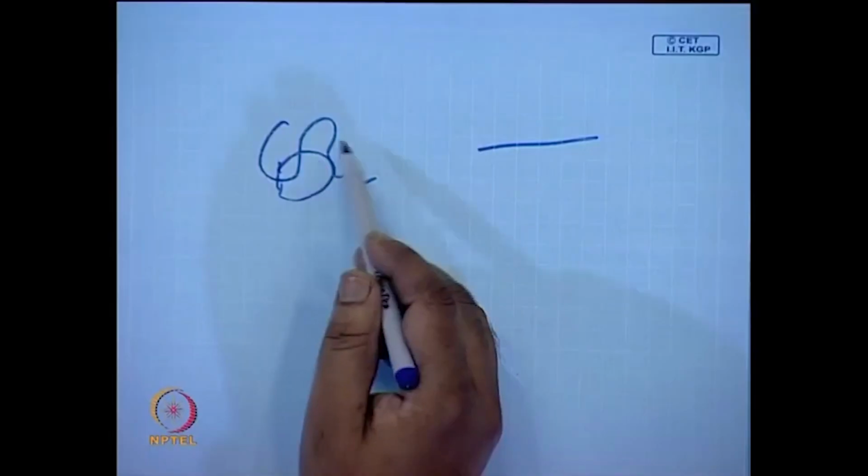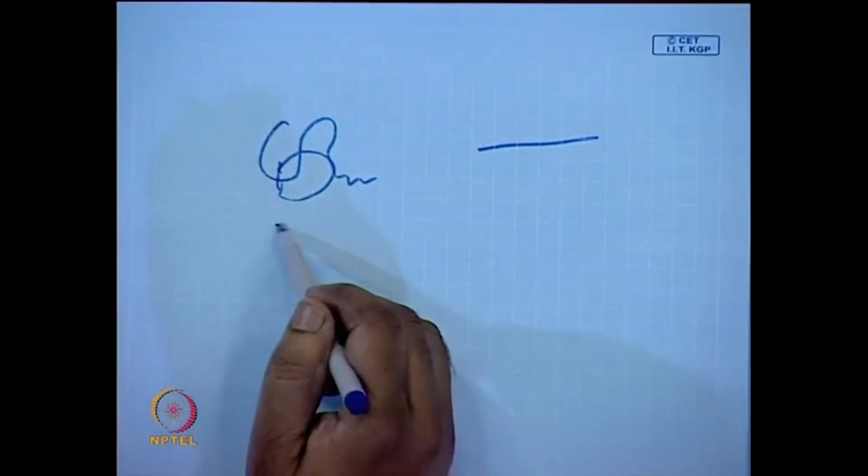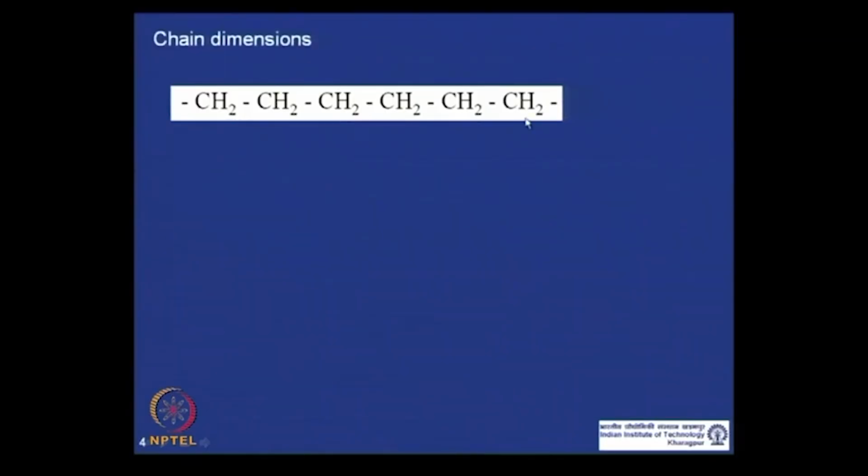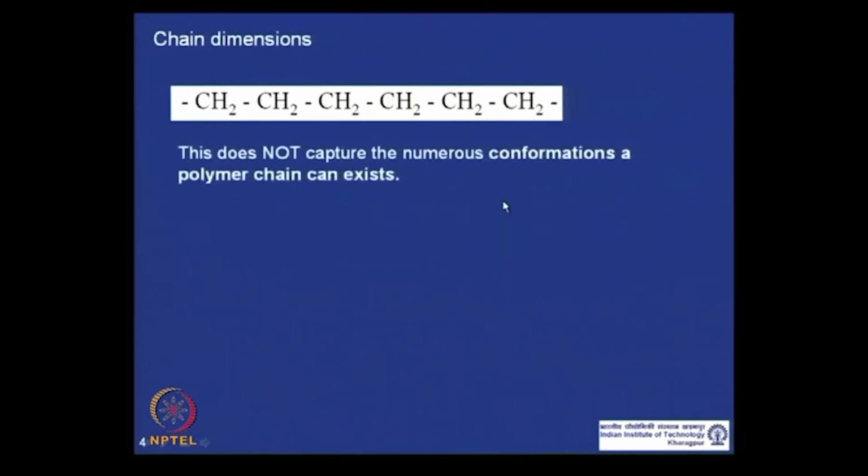So, that is the reason you get this type of conformation most of the time. Let us consider a simple polyethylene molecule. This is the chemical expression. Now, this does not capture the numerous conformations in which a polymer chain exists.